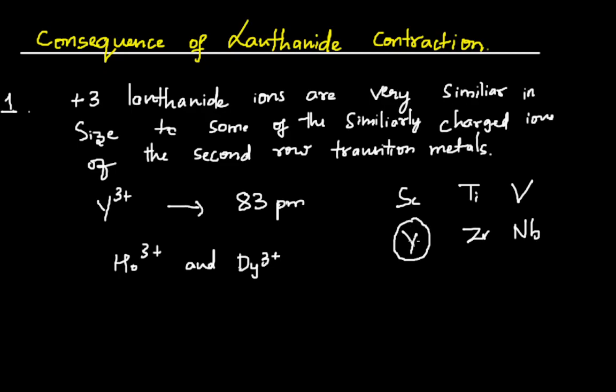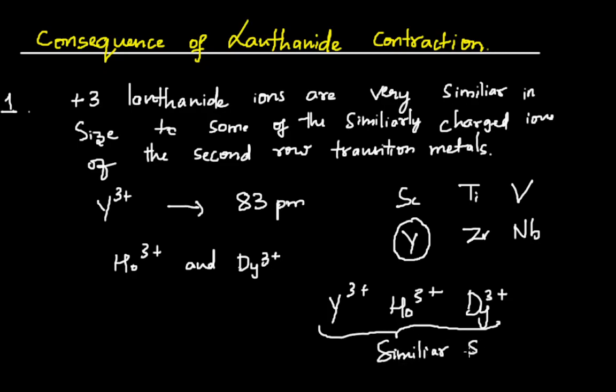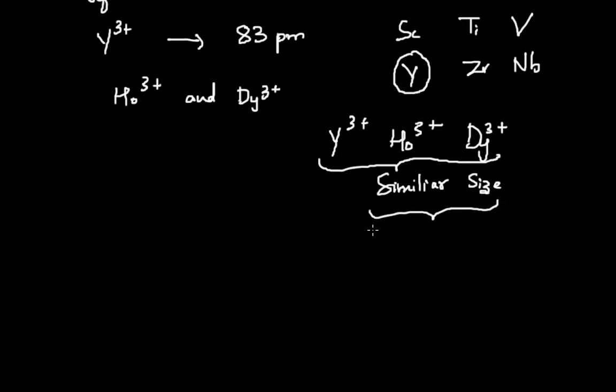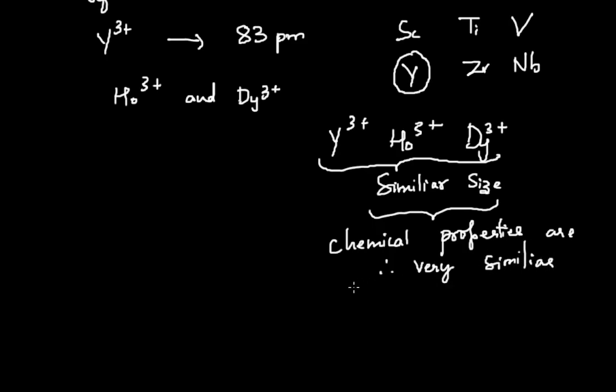Now this is a second row transition metal, yet all three of them, yttrium, holmium and dysprosium, are of almost identical size, and chemical properties are therefore very similar, and therefore difficult to separate them.